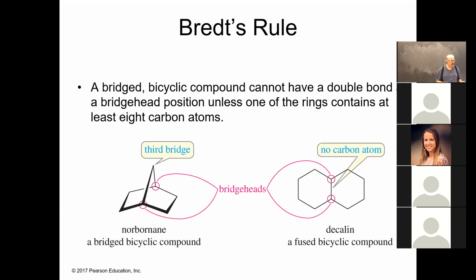So how does this relate to alkenes? For decalin, which is a fused bicyclic compound, these are the bridgehead carbons right here. Draw this twice.